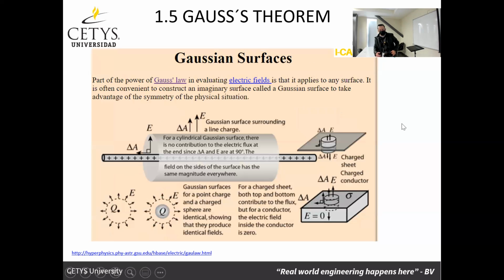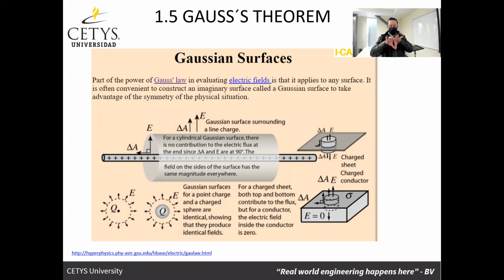And lastly, before we close up, the concept of a Gaussian surface. The way we do the analysis, and next class we're going to do a couple of examples of this, is that we define an imaginary surface or enclosure that's a closed enclosure that we're going to be calling a Gaussian surface.